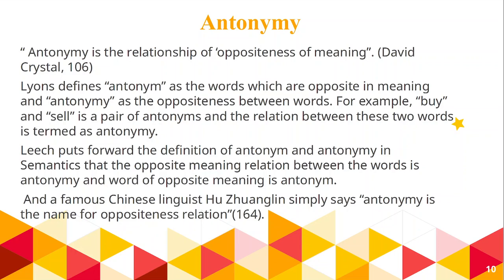Lyons defines antonyms as the words which are opposite in meaning, and antonymy is the oppositeness between words. For example, if you take the pair buy and sell, it's a pair of antonyms, and the relation between the two terms is known as antonymy.